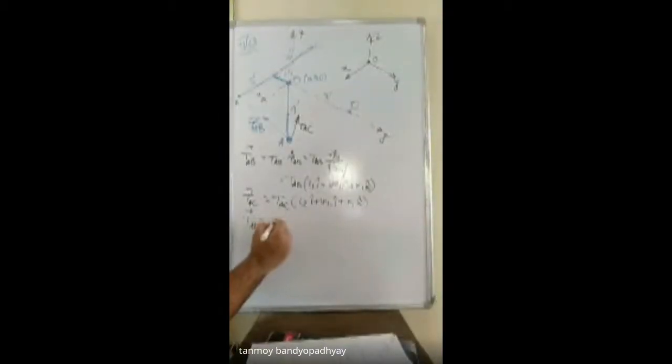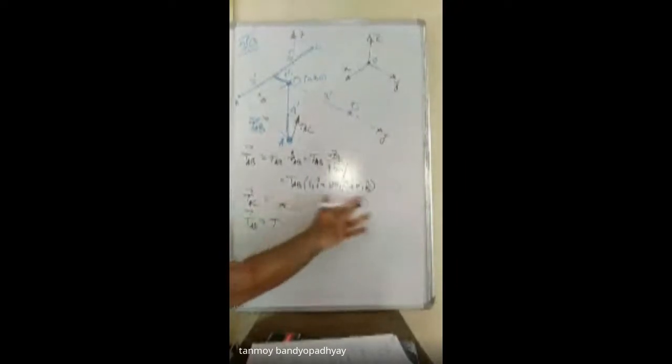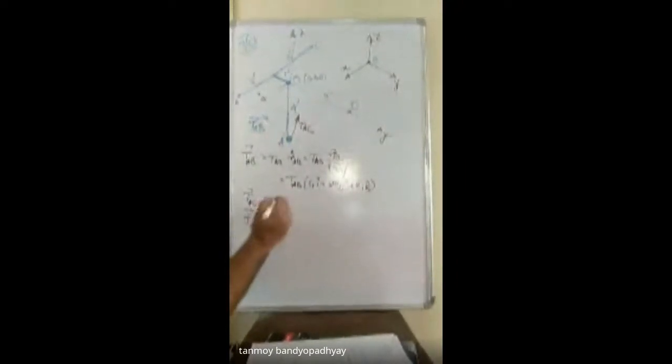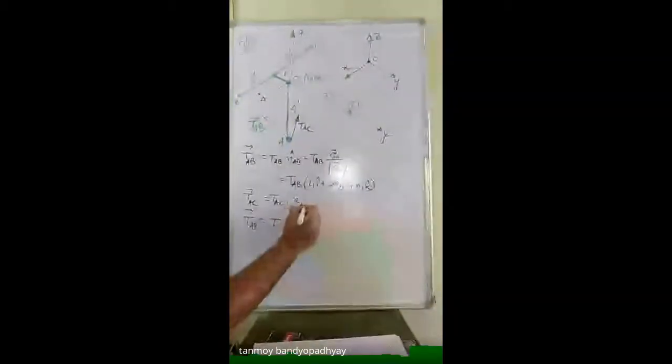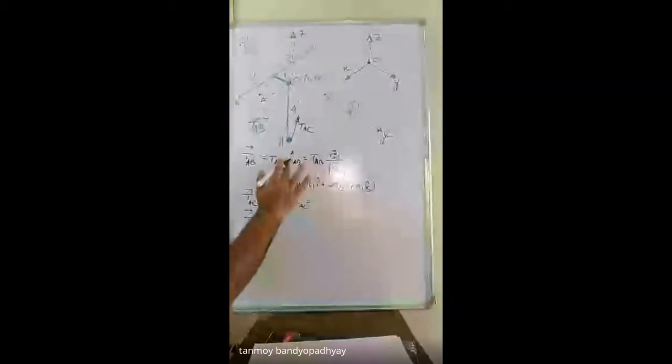And TAD, you can write it like this also. So this is the final thing you will be getting. So it should be TAC into unit vector, unit vector directed along what direction? AC direction.